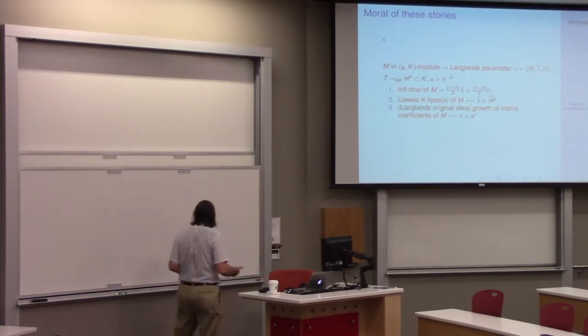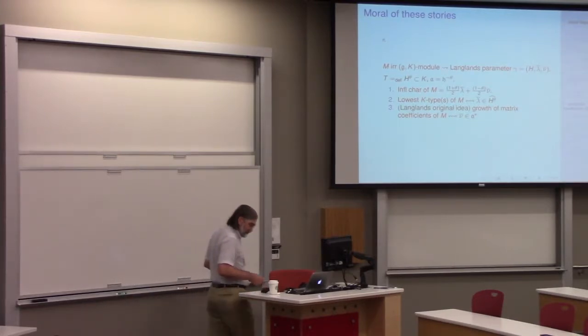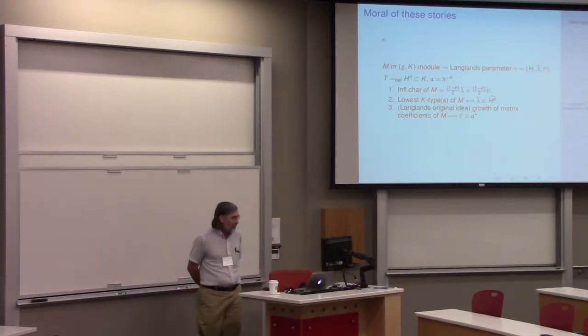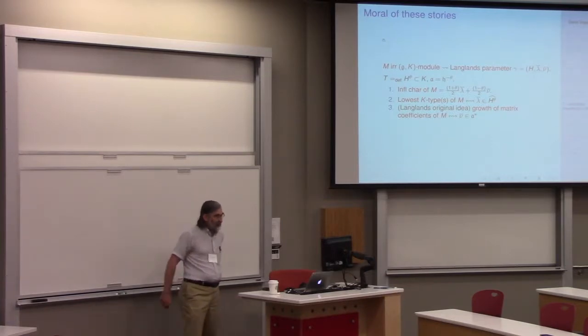What I want to talk about today is Hermitian forms on representations. This is where we ended last time. I talked vaguely about the meaning of Langlands parameters.